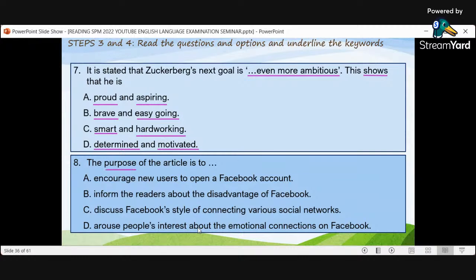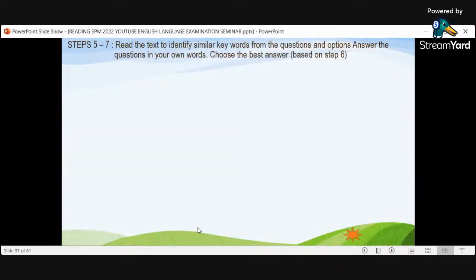The purpose of this article is to do what? Is it to encourage new users to open a Facebook account, inform readers about the disadvantages, or discuss Facebook's style of connecting various social networks, or arouse people's interest in the emotional connections on Facebook?